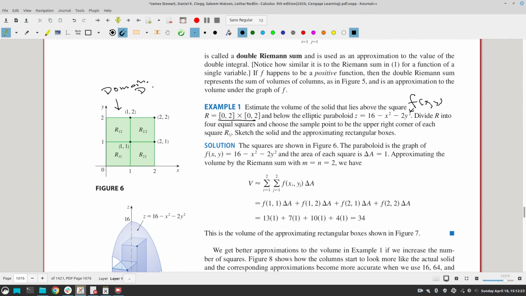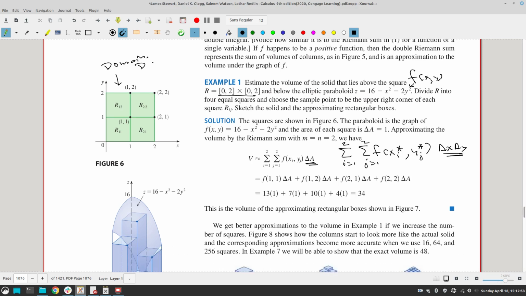So the Riemann sum is, of course, the sum from i equals 1 to 2, j equals 1 to 2, of f of xi star, yj star, delta x delta y. You could use xi, you could use xi star. That's up to you. So delta x delta y is the area of these sub squares or sub rectangles. So we call it delta A, right?